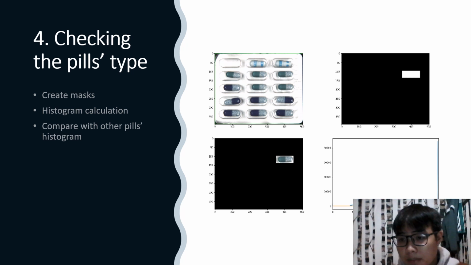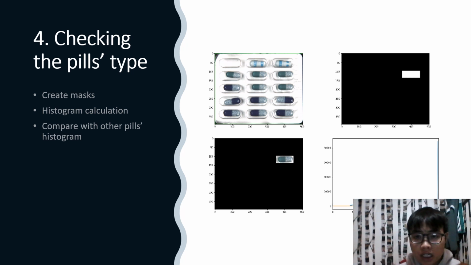If not, the pack is incorrect, and that is our checking process. If the fields are greater than 80% correlated, it means they are the same, the pack is correct, and our checking process is done. So the main method here is the histogram calculation by using OpenCV.